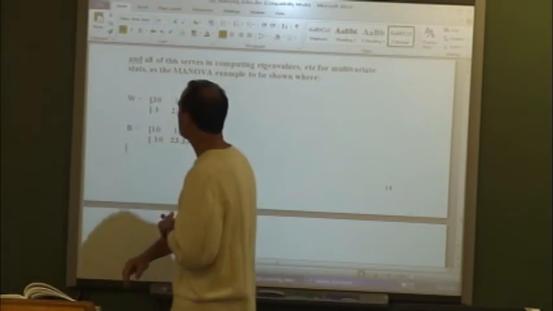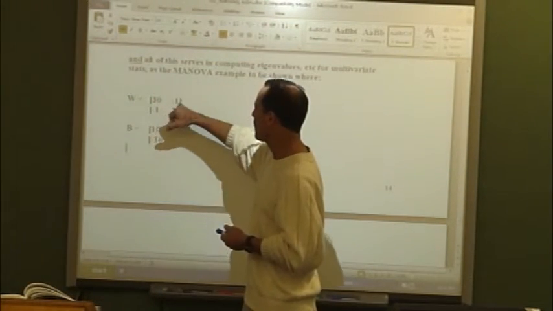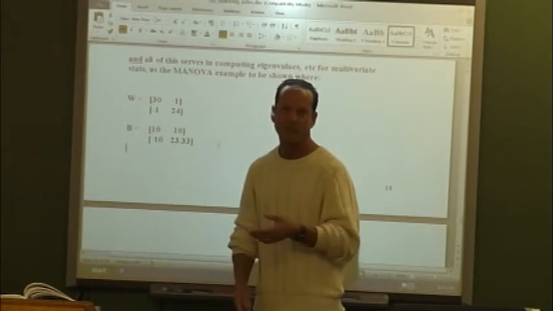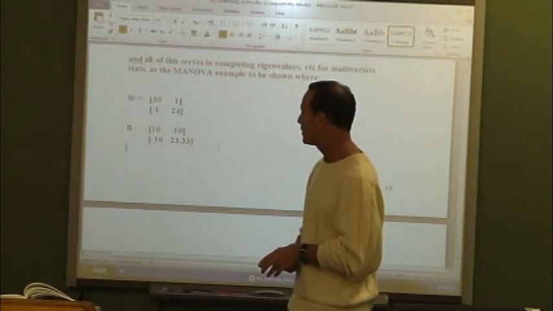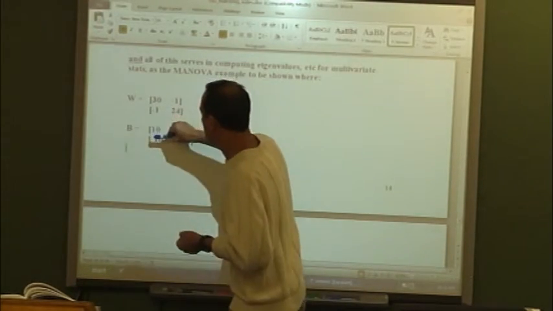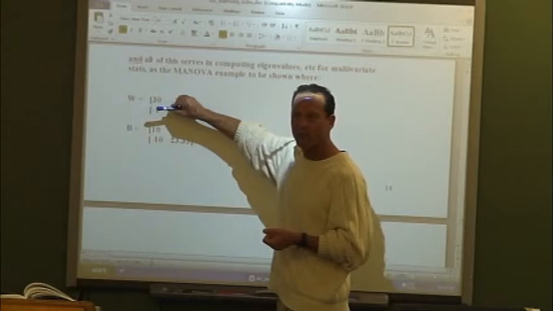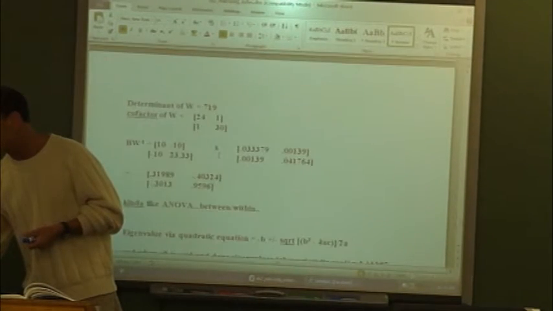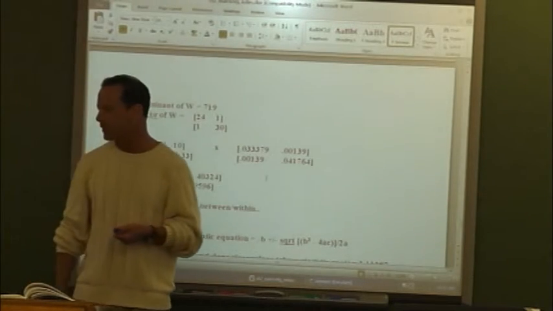So here we have a within matrix: 30, 24, minus 1, minus 1. Again, you're going to see these off diagonals will be the same because they're variance covariance matrices. And here's the between, which gets at the good stuff. W, as you recall from ANOVA, was the error. Let's get a determinant.